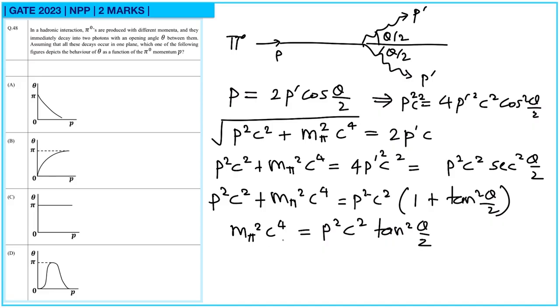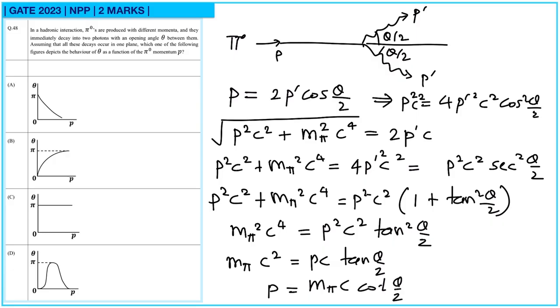So this c square will cancel and, throughout we can take square root, so m pi c square is equal to pc into tan theta by 2. So p is equal to, c will cancel, so this will be m pi c into cot theta by 2.